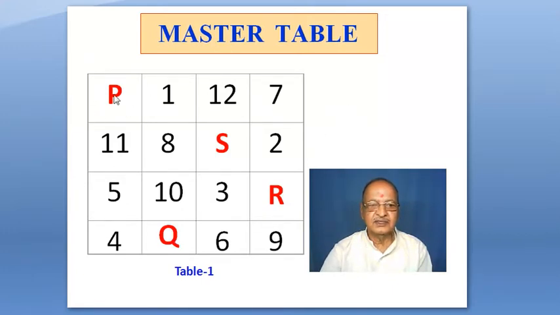You should write P, S, R, Q in pencil so that you can rub and write any number, so you can use the same table many times. Otherwise you have to draw again and again, which will take time. So only this PQRS you should write in pencil. We have to calculate the values of PQRS and substitute here, and your magic square will be ready.